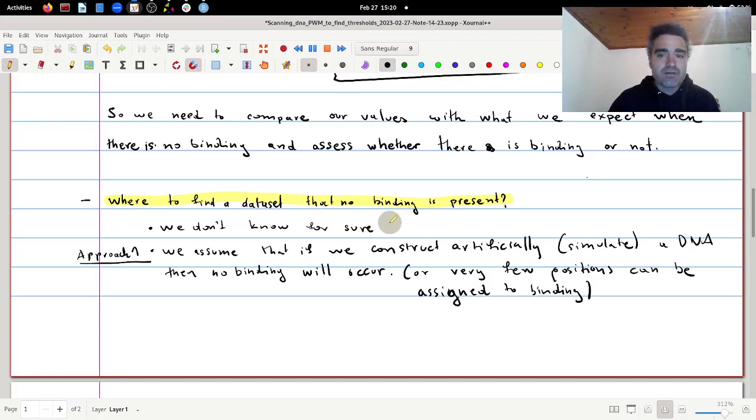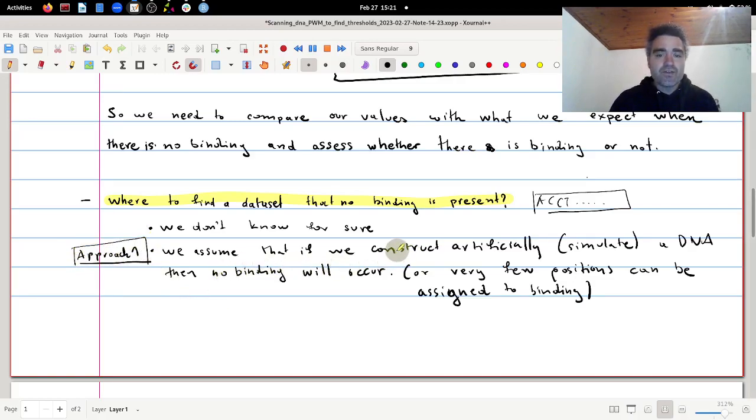And now here we don't actually know for sure if a given data set, and when I say data set I mean DNA string, has no actual binding. However, we assume the following things. The first approach assumes the following.